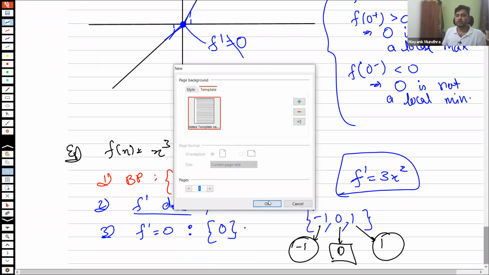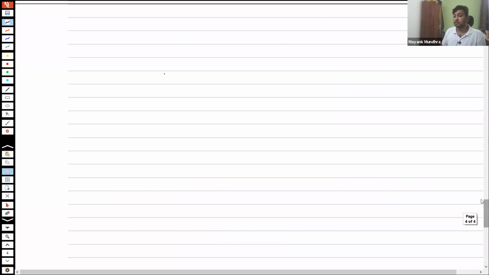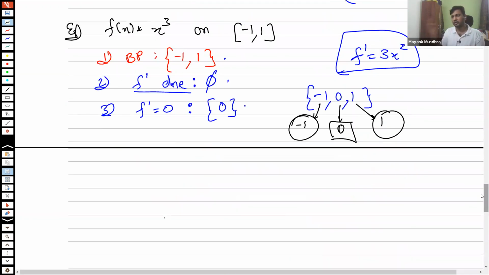So to see the story at 0 without drawing the graph, since by drawing the graph it will be amply clear, I want to look at what happens at 0 without drawing the graph. So I know that f of 0 equals 0 and f prime is 3x squared.